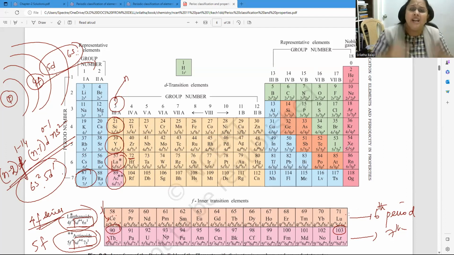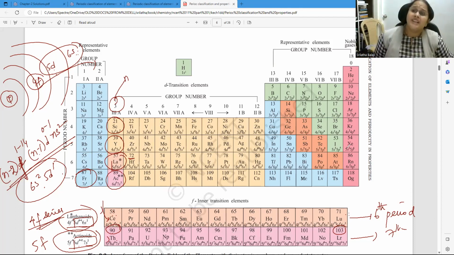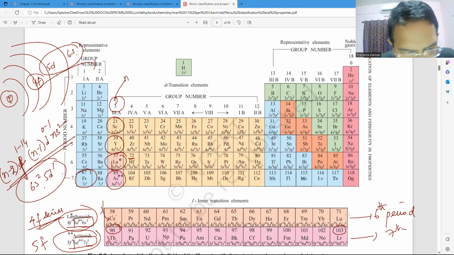It makes sense. But individually, 55, 56, 57, 58 all belong to different groups. But here, 14 elements of the lanthanoids belong to the same period and also to the same group. That's why they didn't have a place in the mainframe. They are separated out from the mainframe. Is that clear? So this is something you have to hold.